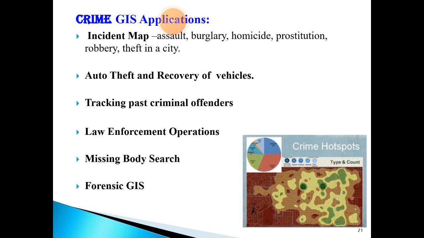It is used to track the movement of the past criminal offenders and to allocate the law enforcement by police, and also used to navigate missing bodies, etc. Forensic GIS is widely used to investigate the crime.